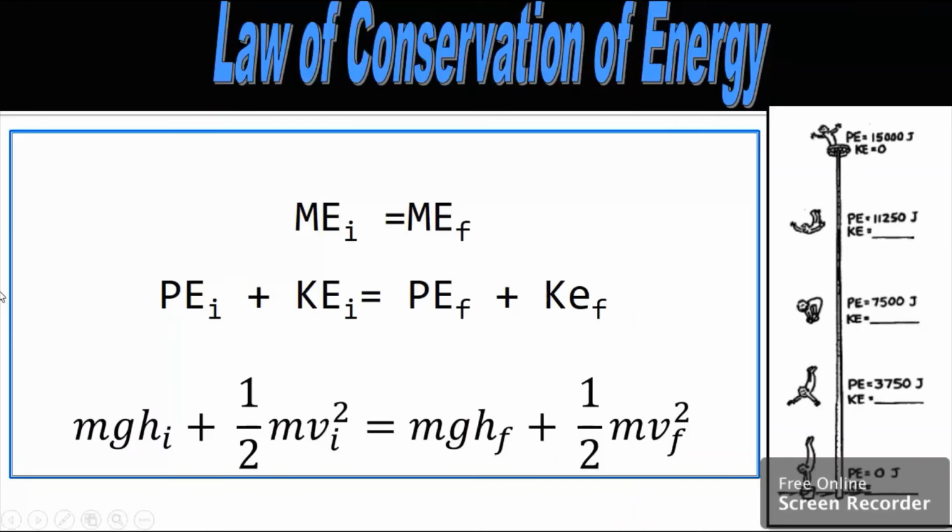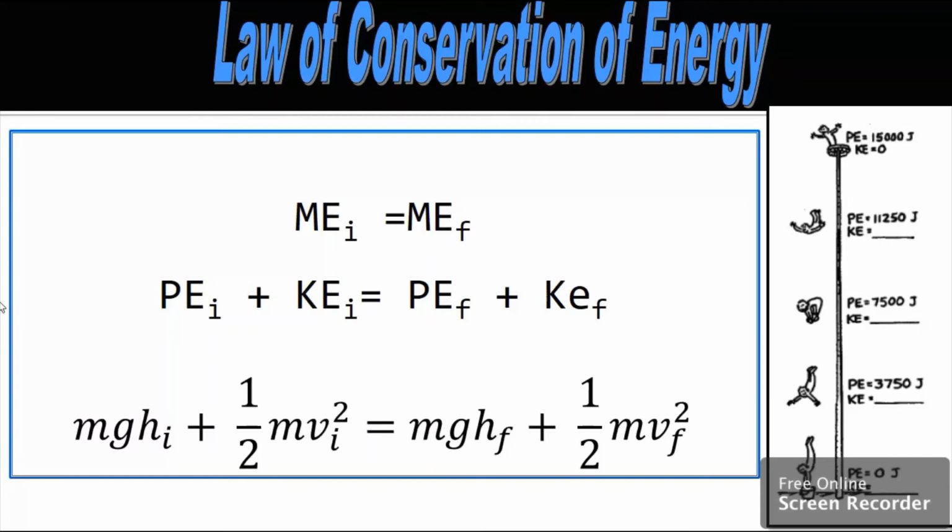This is showing some of the math, and I'd like to talk about this to make the math a little easier. So there's the picture on the right. We have the acrobat at the top, where his potential energy is 15,000 joules, and KE is 0. That's the initial condition. And the mechanical energy for the initial condition, that's what the ME sub I stands for. Then the ME sub F is the final condition.